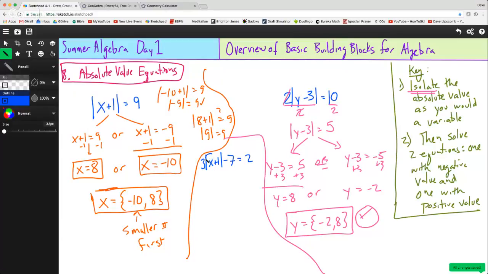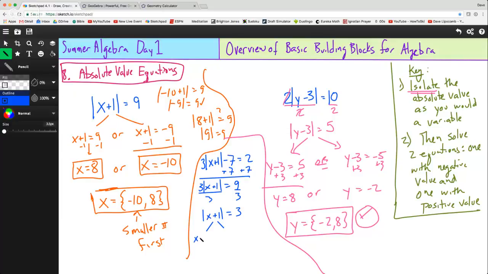Okay? Well, this one, again, treat this like a variable. And what are we going to need to do? We're going to need to add 7 to both sides and then divide by 3. So we're going to add 7. 3 times the absolute value of x plus 1 equals 9. Divide both sides by 3. And so now we've solved for our absolute value.